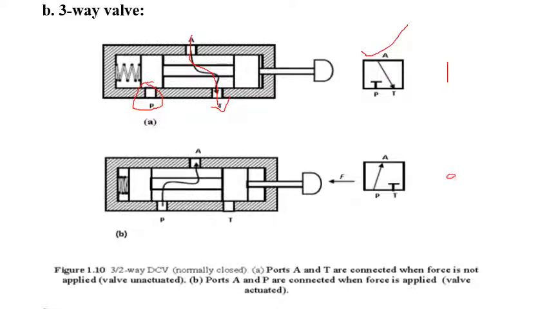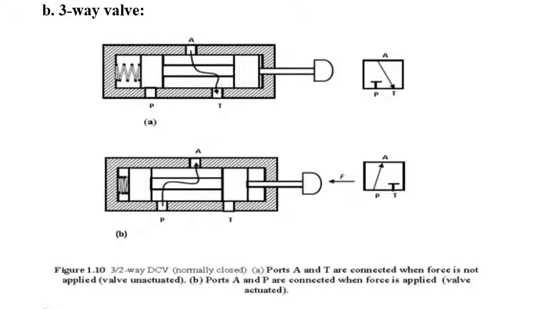And in second position what will happen, because of this external force, the push button is moving, so the flow is connected between P towards A and T is blocked. The flow connects between pump and actuator A. So here this condition is satisfied. This is the three-way valve and the positions are 2, so 3/2 direction control valve.